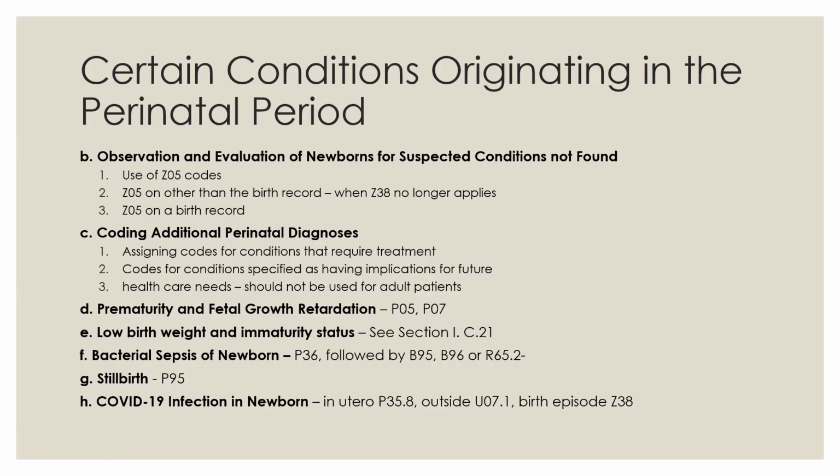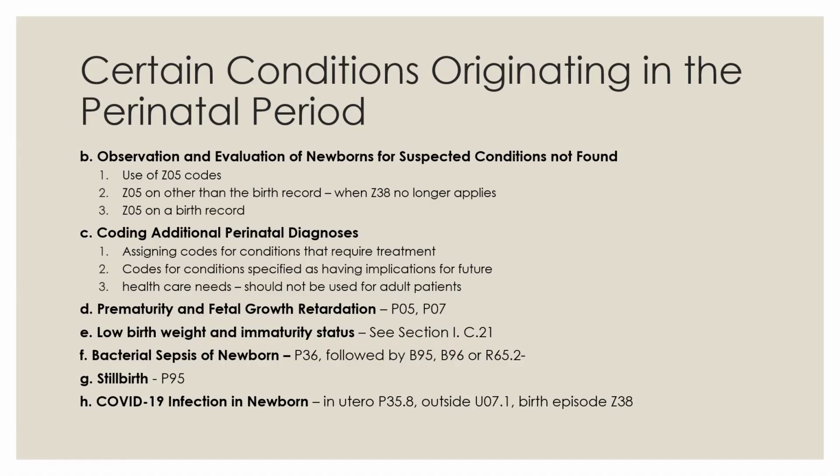When both birth weight and gestational age are available, two codes from category P07 should be assigned with the code for birth weight sequenced before the code for gestational age.